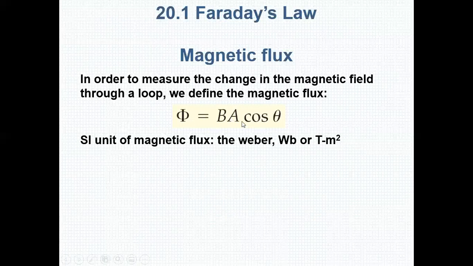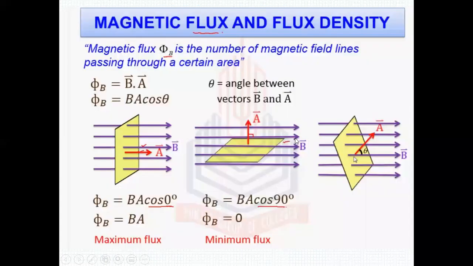The SI unit of magnetic flux is the Weber, which is Tesla meter squared. Tesla is the unit of magnetic field, and meter squared is the SI unit of area, right?